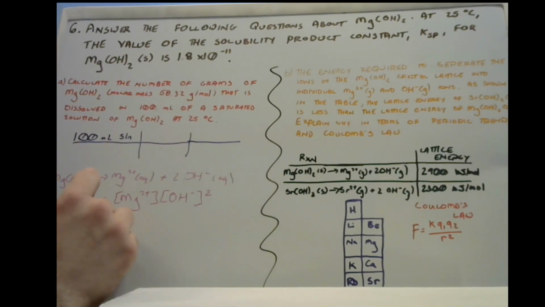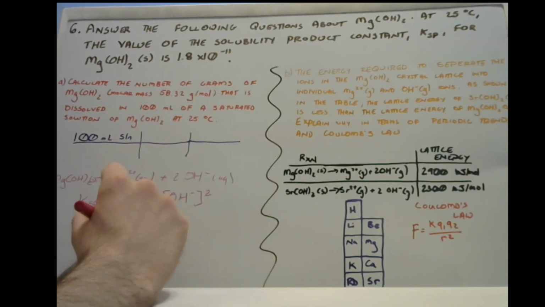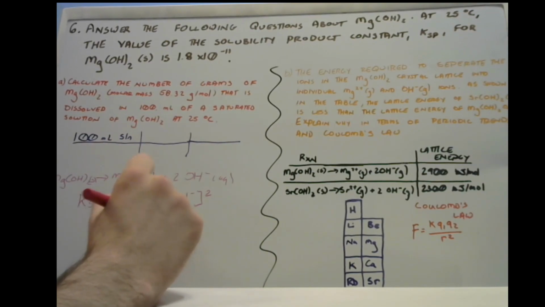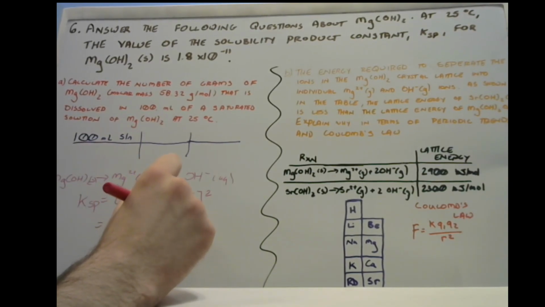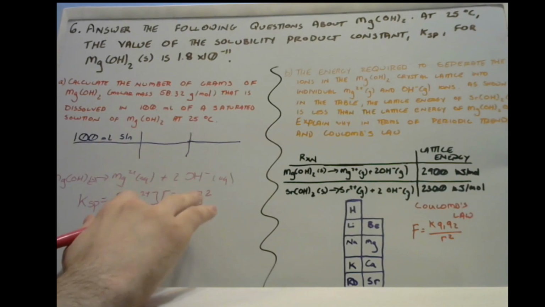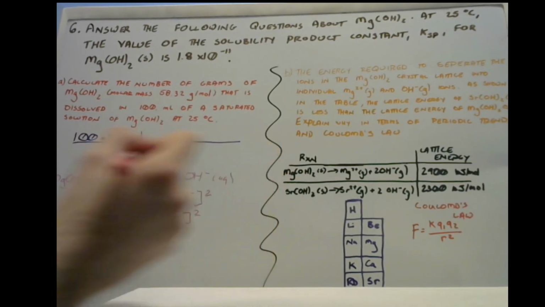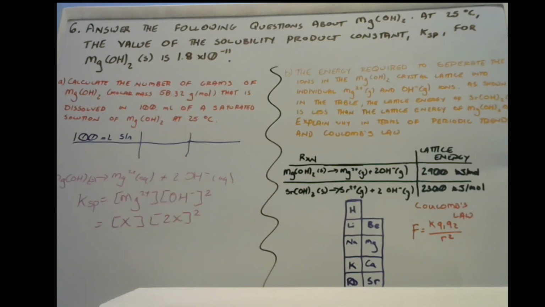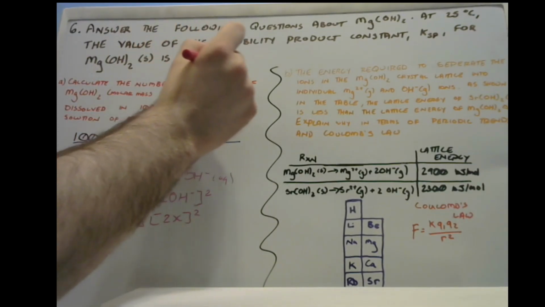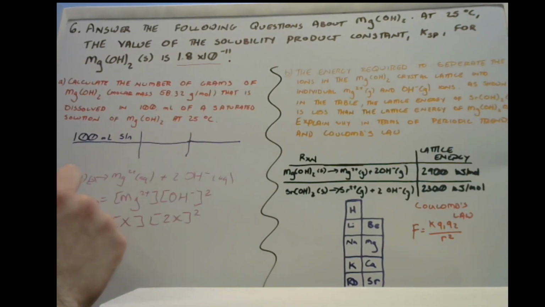So in this case, Ksp equals x times (2x) squared. And from here, all we need to do is solve for our x using our Ksp, which is the 1.8 times 10 to the negative 11th we have up there.